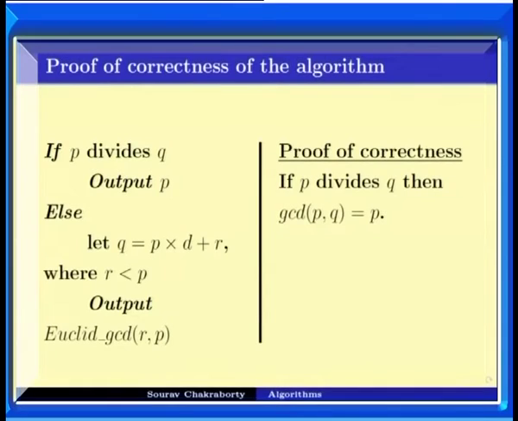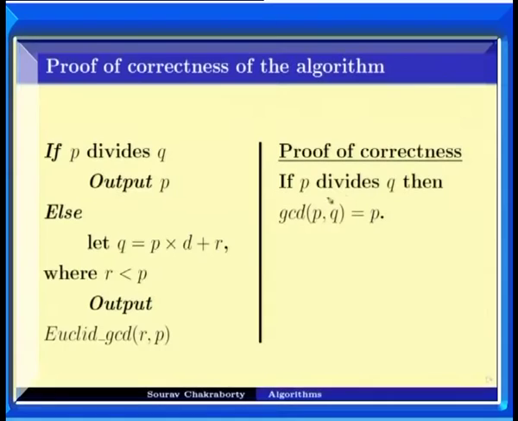Now the next step is the correctness of this algorithm, and the correctness is again easy from the property. Let us first see the case that if P divides Q, then from the property of the GCD, P must be the answer. So if P divides Q, then GCD of P and Q is P. So this part is right.